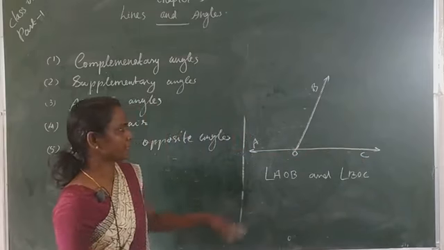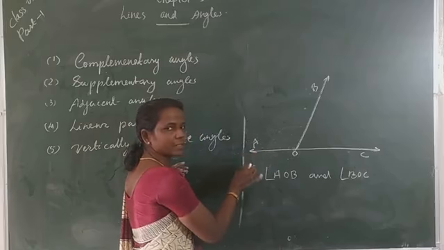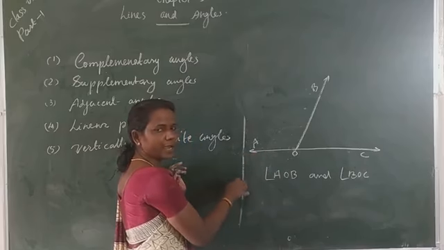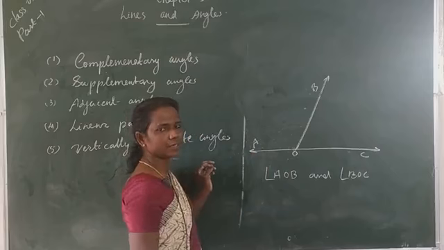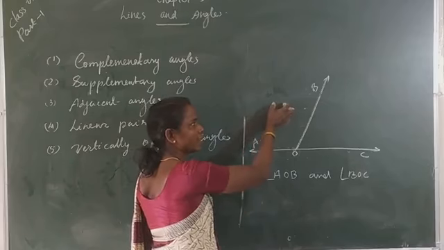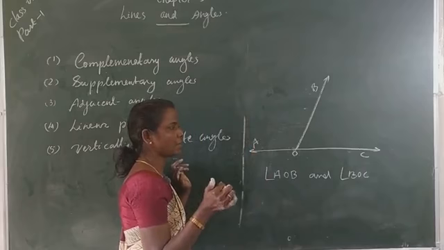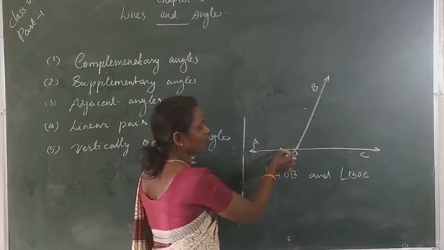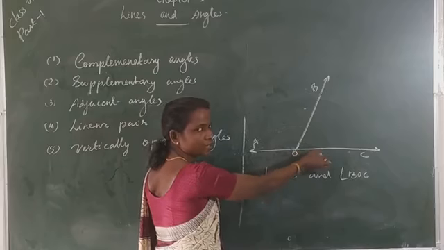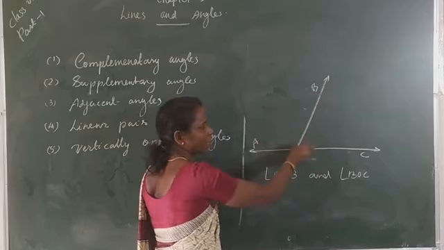Look, a linear pair is a pair of adjacent angles. We know what an adjacent angle is. An adjacent angle has a common vertex and a common arm, and the non-common arms lie on either side of the common arm.